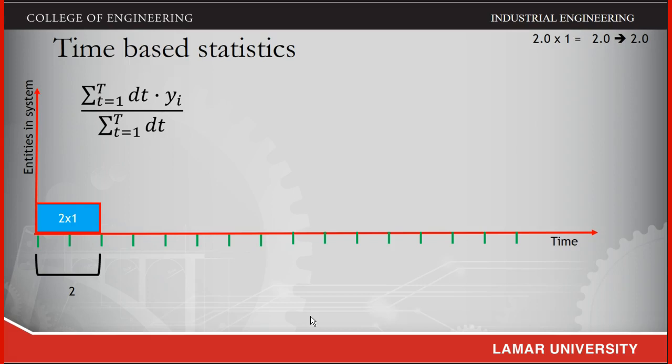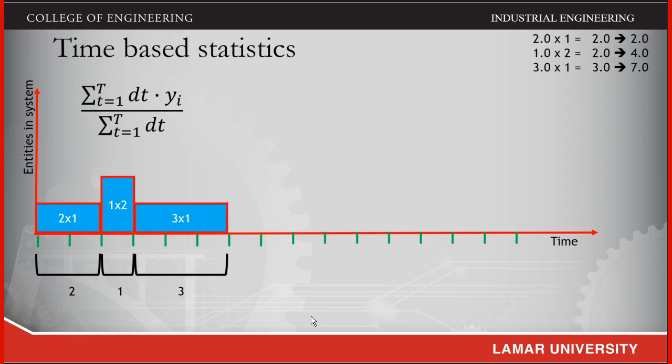So for that amount of time, we have 1 unit. And then after 2 units of time, another event happens, and in this case, it's an arrival. So now we have an arrival, and for 1 unit of time, there is no other event. And now we have 2 entities in the system.